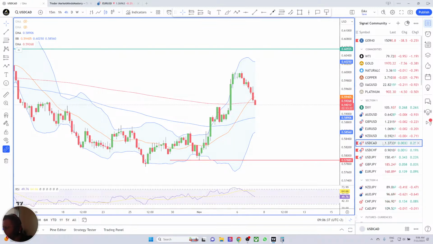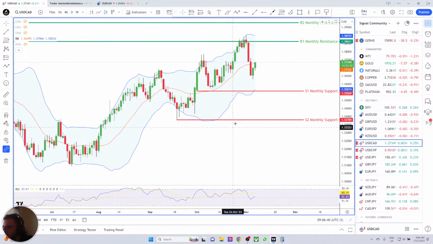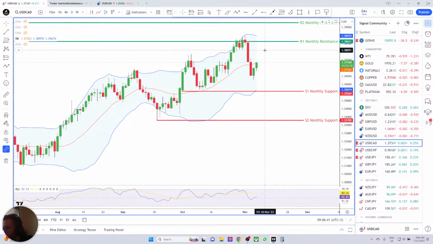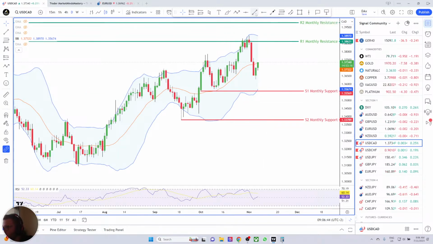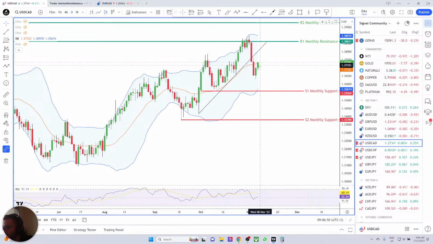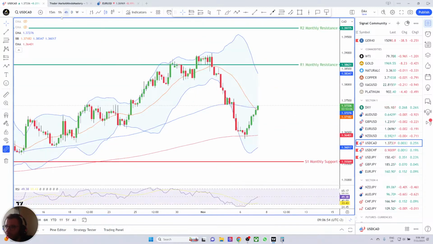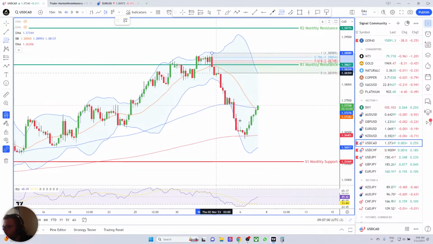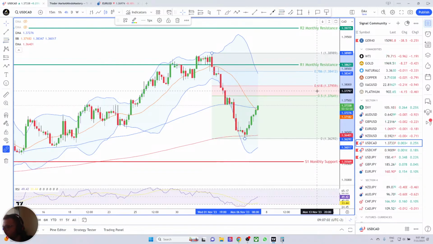USD CAD on the daily chart, I see this area as an upward trend line that has been broken, and this area now can act as a solid resistance. But on the 4-hour chart, we need to see this kind of correction.